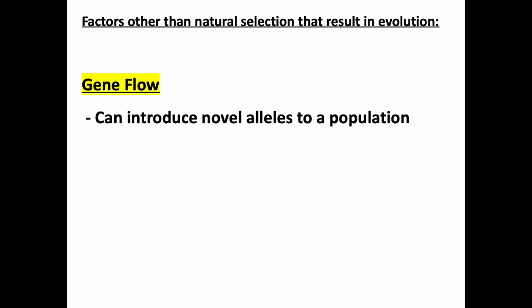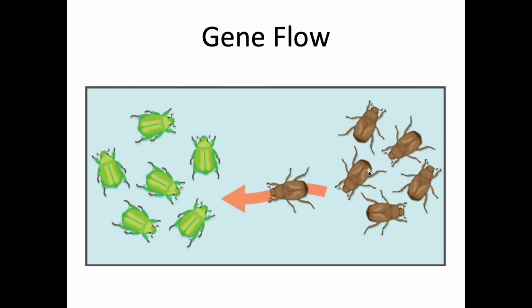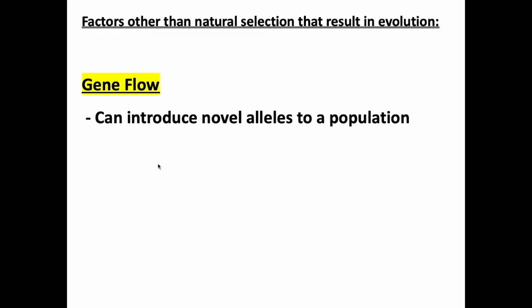So with gene flow, I'm avoiding using the word new, because these are not brand new alleles. They already existed, but this green beetle population had never seen the brown allele before, so it's novel to them. Gene flow can introduce novel alleles to a population.